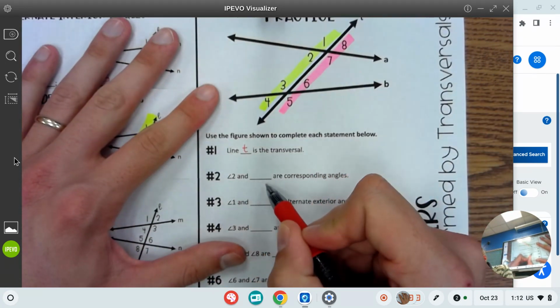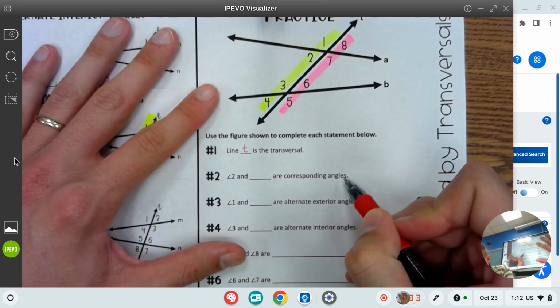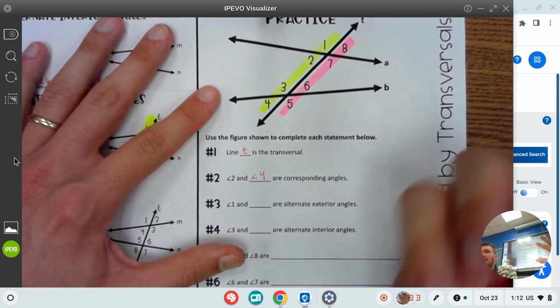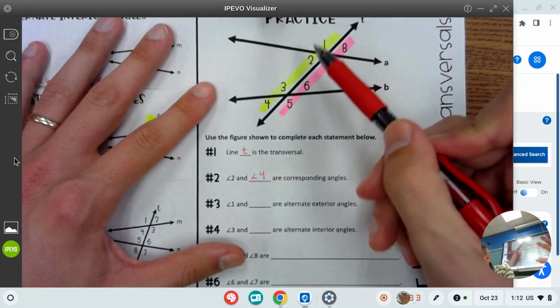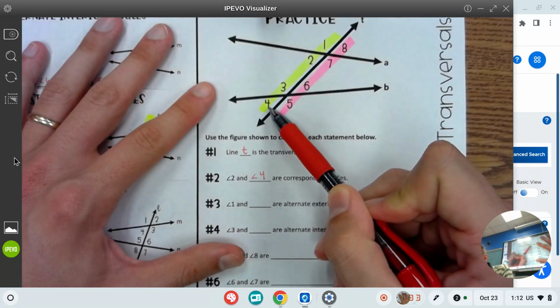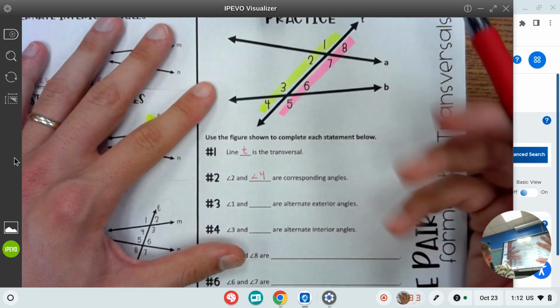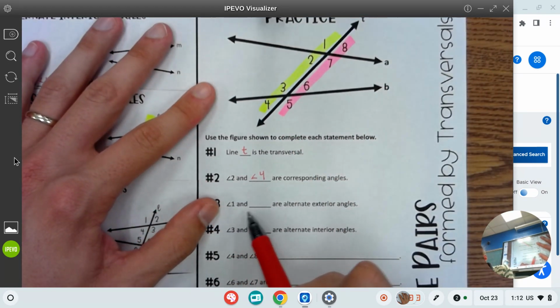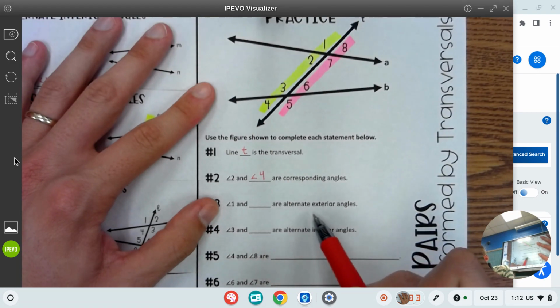2 and blank are corresponding angles. 4 is correct, because corresponding means you're in the same kind of quadrant, right? 2 is in the bottom left, 4 is in the bottom left. Excellent. Number 3, it says angle 1 and blank are alternate exterior.